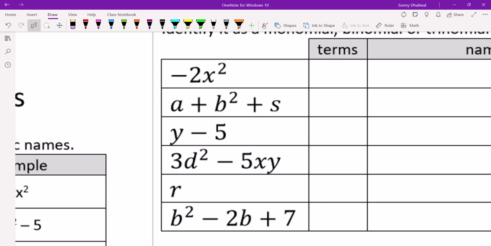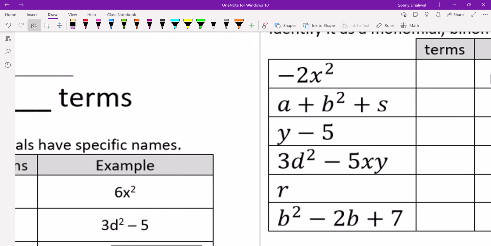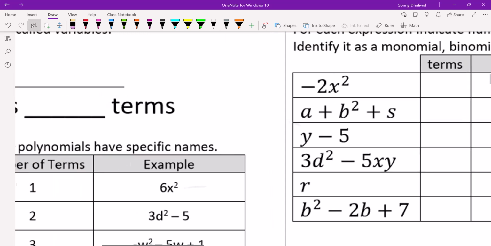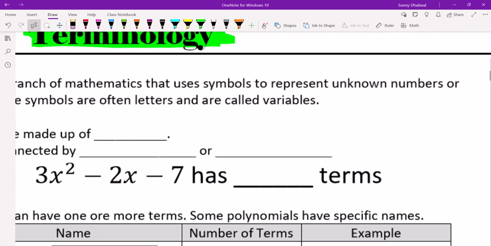We have numbers and letters. Right? And as soon as we have letters involved in an expression, we call this algebra. Right? Some students get a little anxious when they see letters. Like letters, right, are just numbers that we don't know the value of. So we call them unknown numbers.